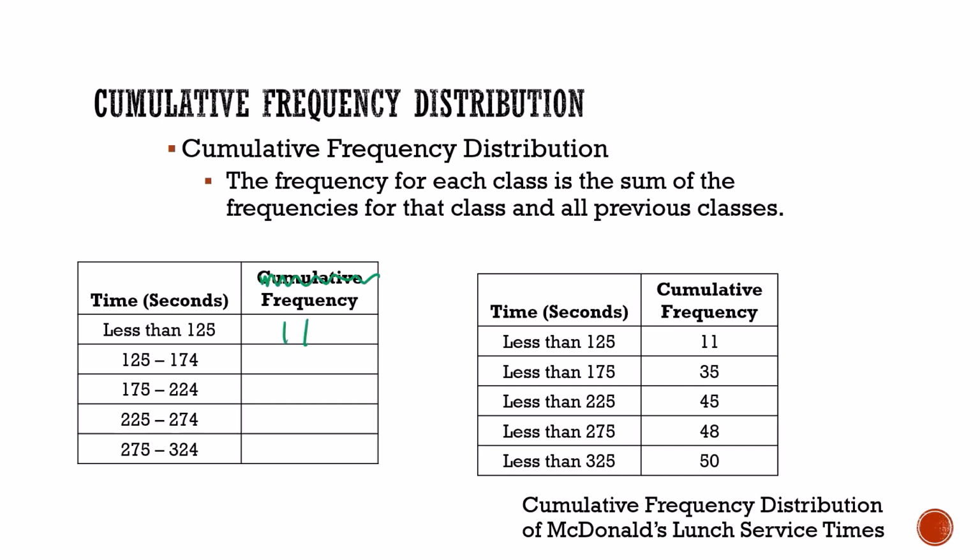Okay, but to get this one, 35 are less than 175, but that includes this 11, right? So to get this, I would do 35 minus 11 to get me 24. And then you would do that for each of these other ones.